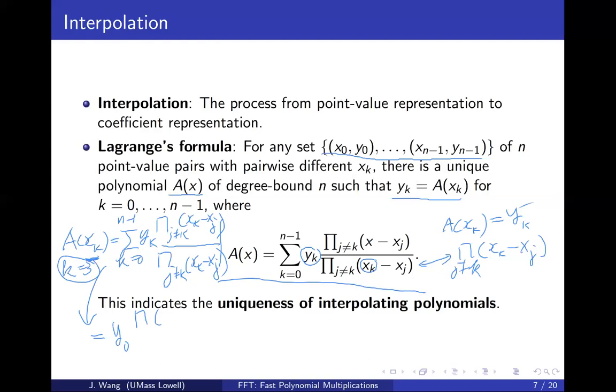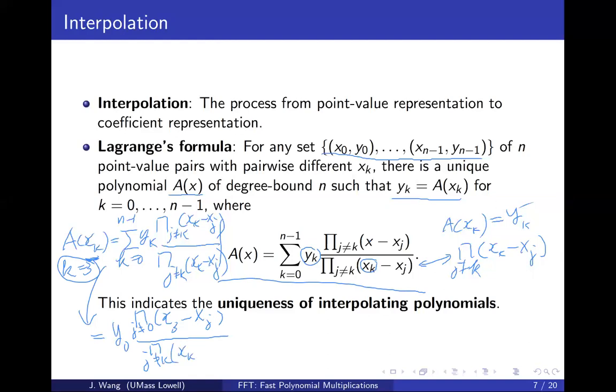Then what we have here is x3 minus xj, where j is not equal to k.